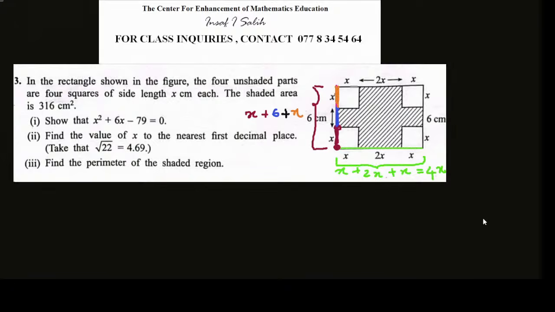So altogether we get x plus x is 2x, so 2x plus 6. What we are looking at is a rectangle whose length is 4x and the width is 2x plus 6.